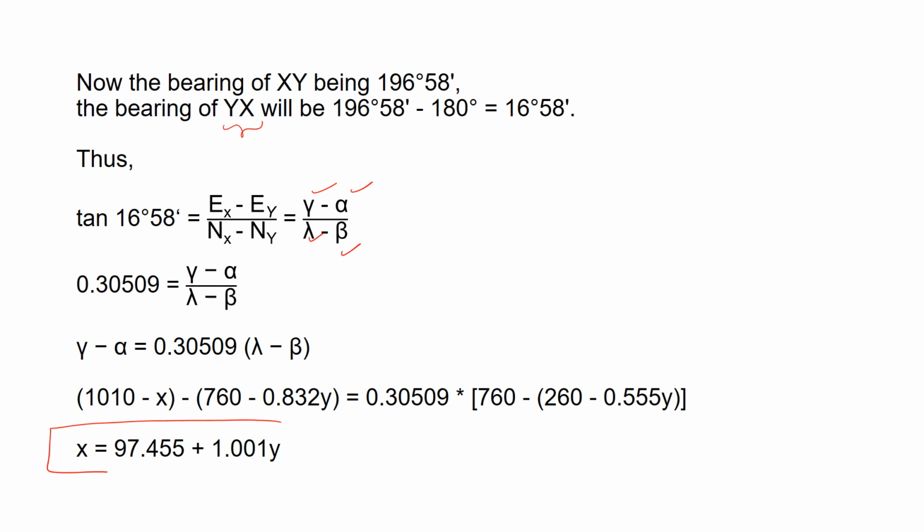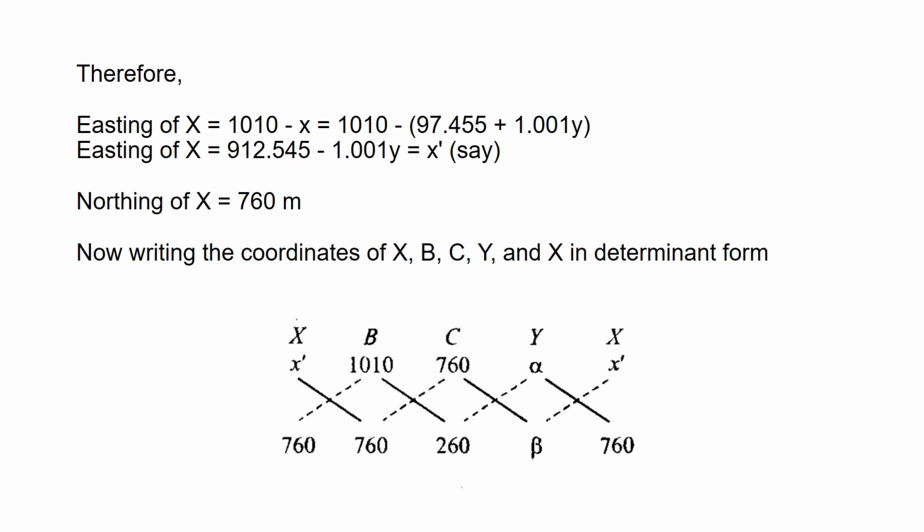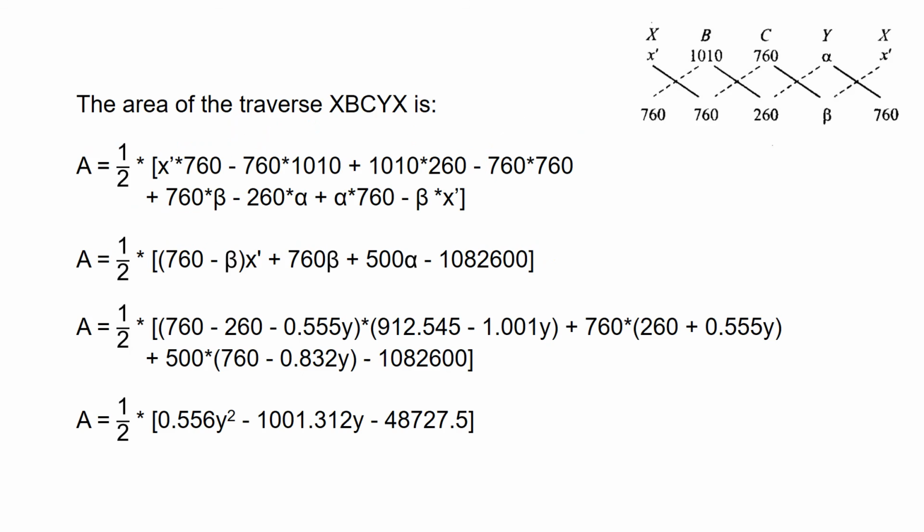So here is the relation. Therefore, the easting of capital X is equal to 1010 minus x. We can put the value of x over here and find the equation in y, and let us call this x dash, and we already know that the northing of capital X is 760 meters. Now, writing the coordinates of X, B, C, Y and X in determinant form, we can calculate the area.